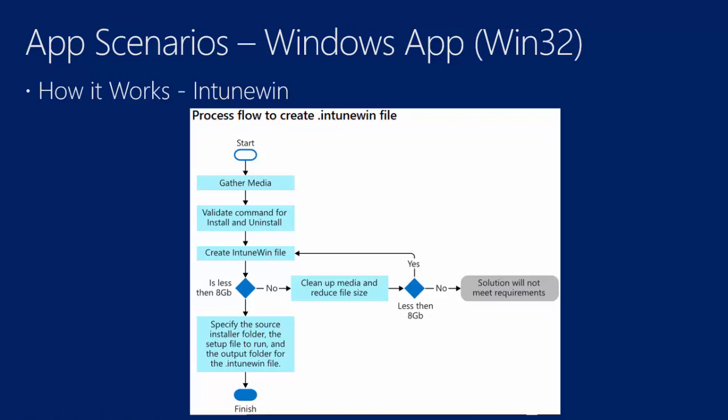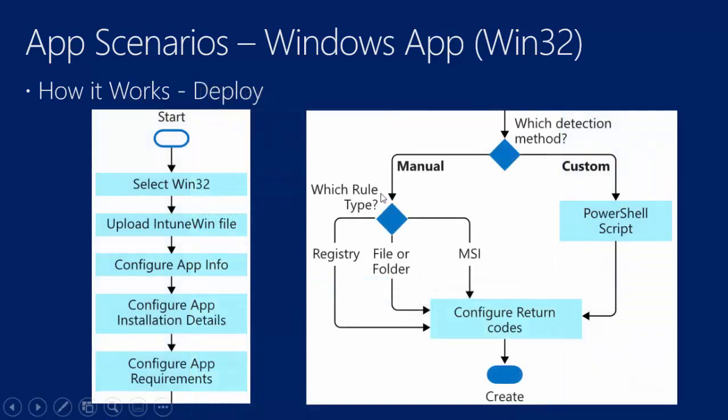And specifically, what we're going to try to do is clean up any of your media, make sure that we get less than 8 gig. If we're successful, then we're good. If not, then we just can't use the solution in Intune because no single file can be bigger than 8 gig, right? But assuming we're good, then we go through the process of configuring the deployment.